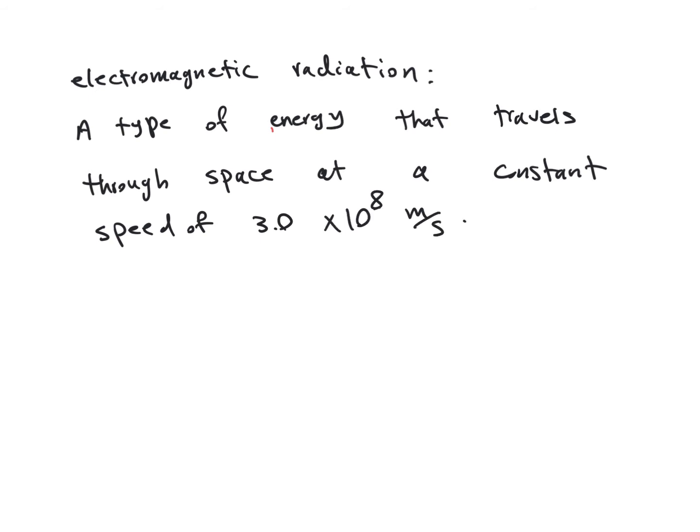Do you remember that we said this speed is extremely fast? That's why with fireworks, first we see the light, and then seconds after we hear the sound, because light is extremely fast. Do you remember these things that we talked about?